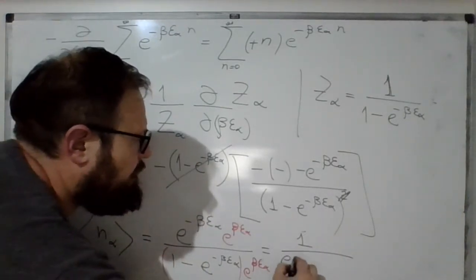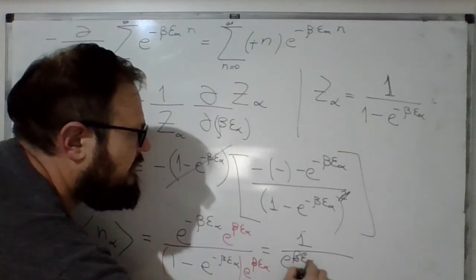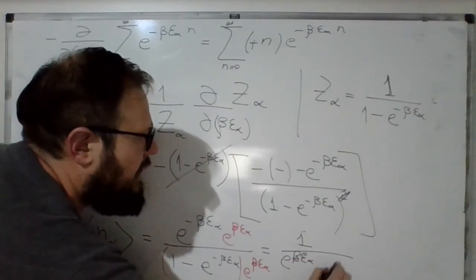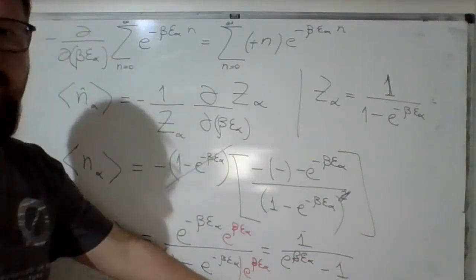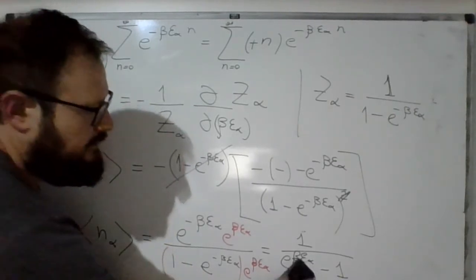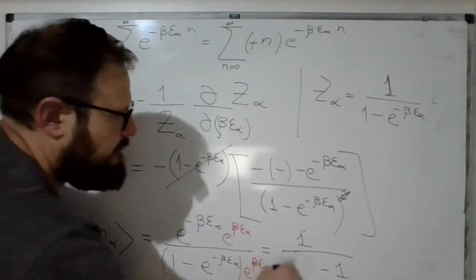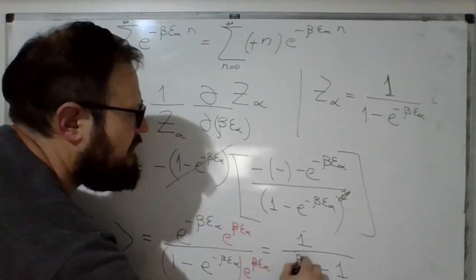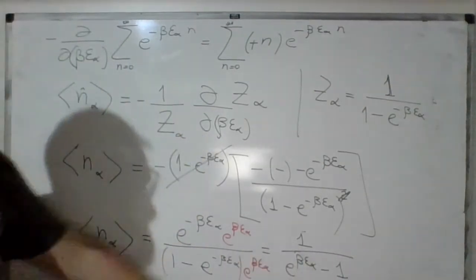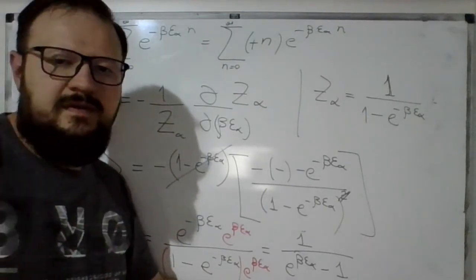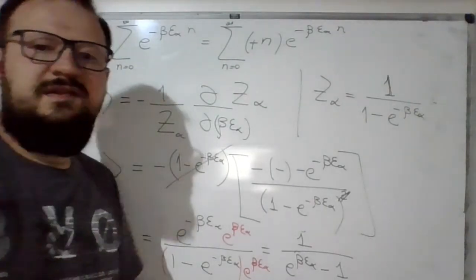Exponential of beta e alpha minus 1. Okay, so this is the occupation number in the average, e to the beta e alpha. This is what is called the Bose-Einstein distribution.